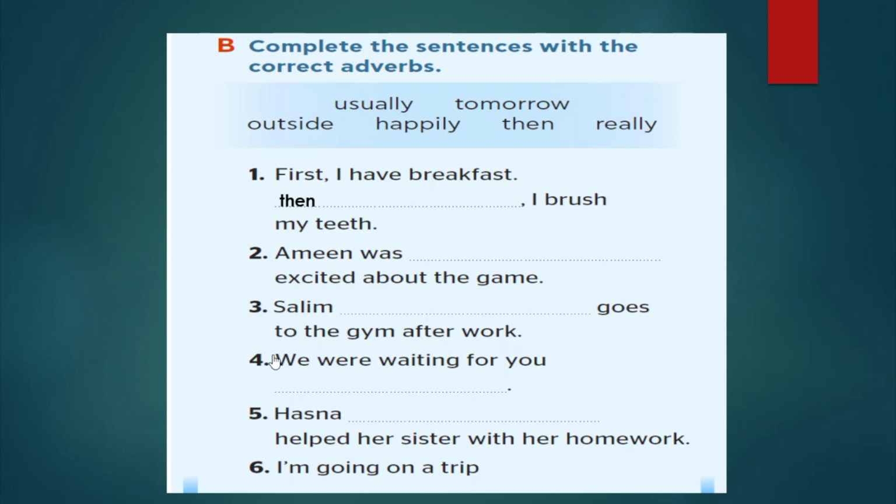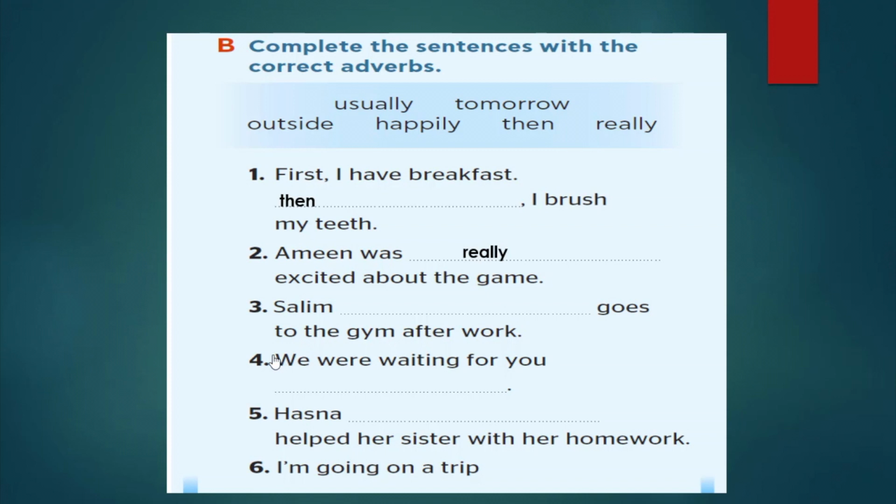So this is called an adverb of sequence. Number 2, Amin was really excited about the game. Really, an adverb of manner.